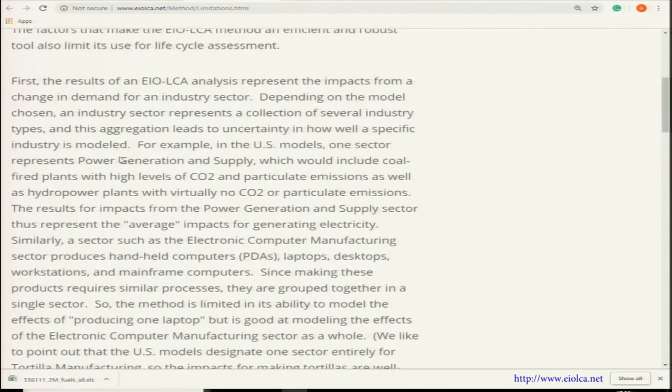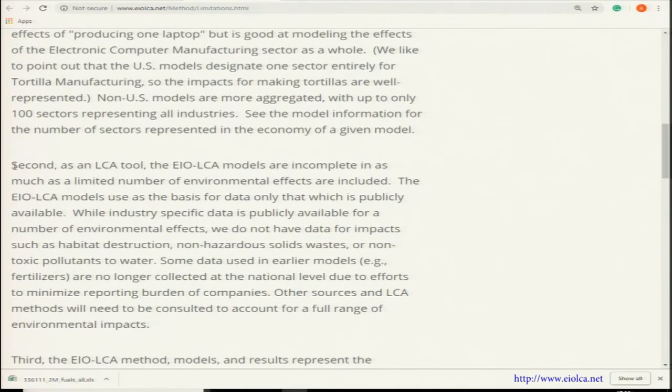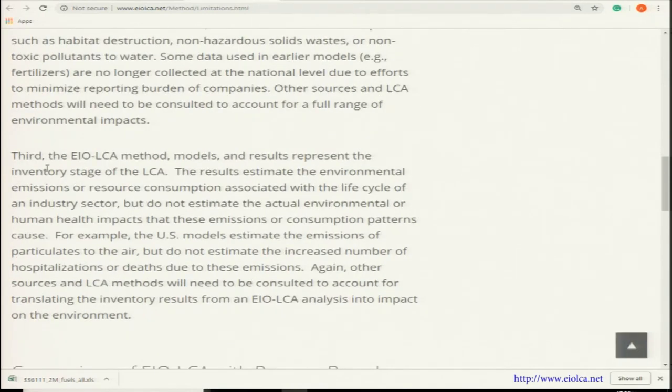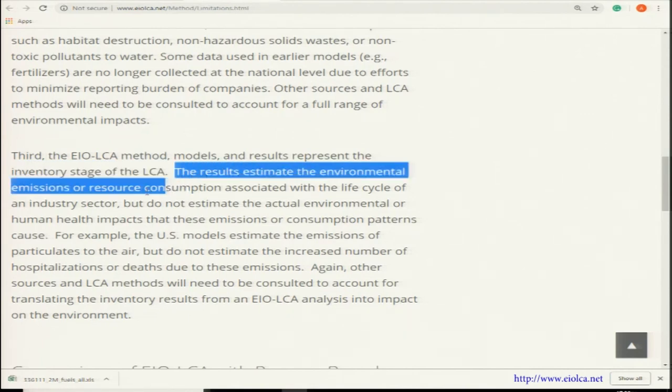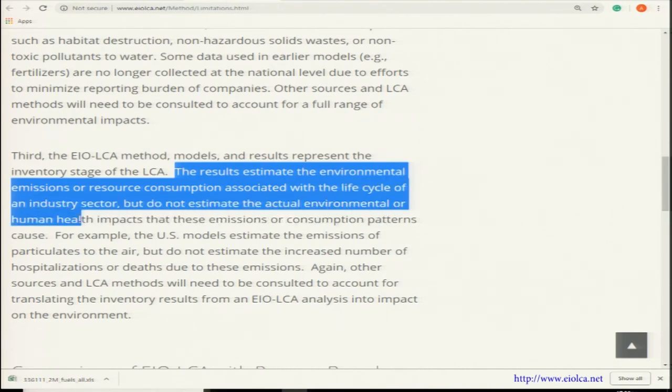The first limitation is that the data is aggregate. Second, the data is not available for all the sectors, like only 488 sectors were available for this model. Third, this represents the results at the inventory stage of LCA. The results estimate the environmental emission or resource consumption associated with the life cycle of an industry sector, but do not estimate the actual environmental or human health impacts that these emissions or consumption patterns cause.